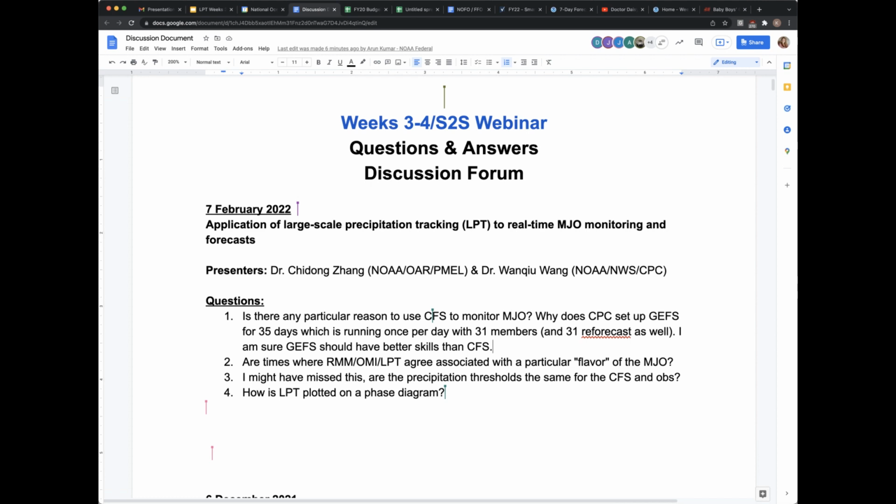For phase diagram plotting, we need two values. One is amplitude, the other is location. So that is what we want. The LPT package has the output of where the LPT is and how big it is.